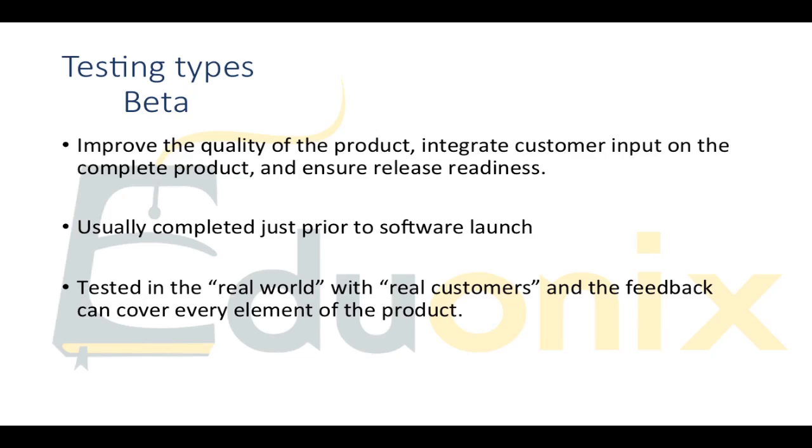The software is released to groups of people so that further testing can ensure the product has few faults or bugs. Sometimes beta versions are made available even to the public, as I say, to increase feedback fields to a maximum number of future users.